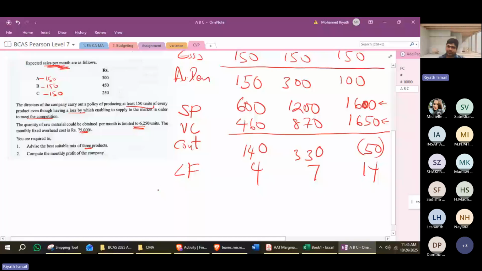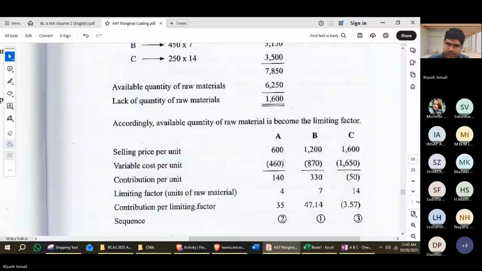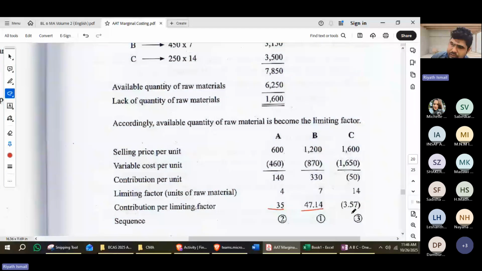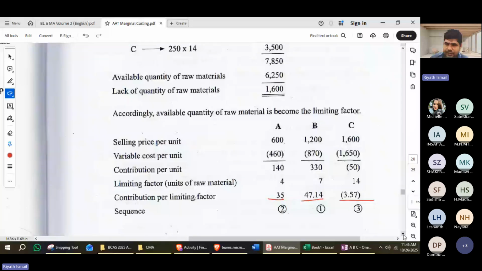Divide 140 by 4. We will get 35. Nice. 35, 47, and 3.57. Right. This is contribution per limiting factor.